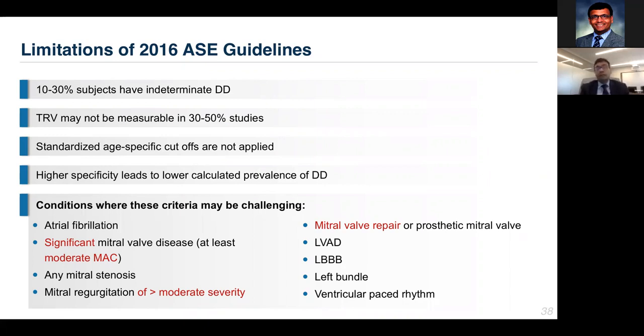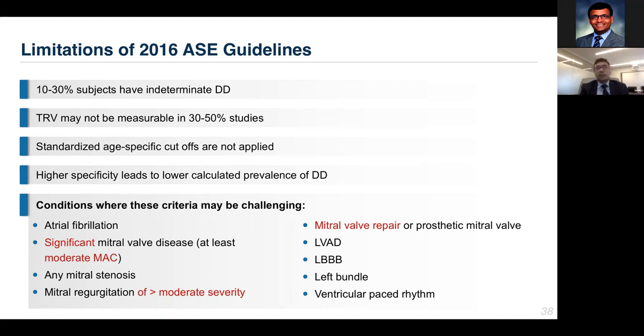You have lack of measurement of TR velocity, and age-specific cutoff values have not been applied, and this is something going to be needed in the near future. And there is a higher specificity, and that leads to a lower calculated prevalence of diastolic dysfunction.